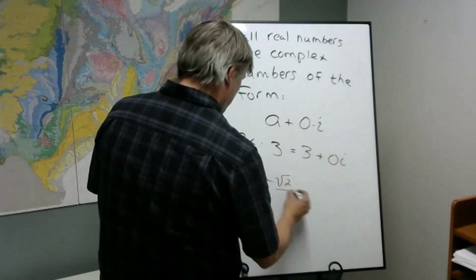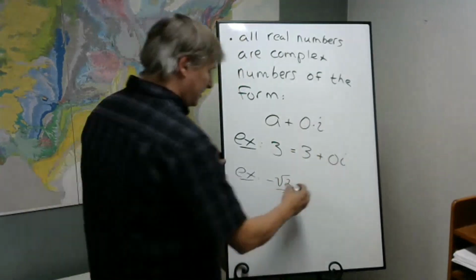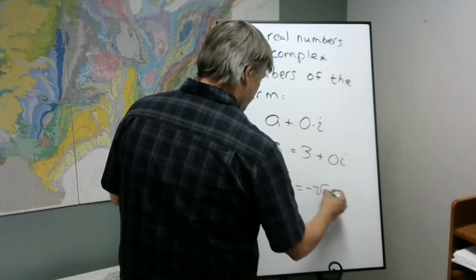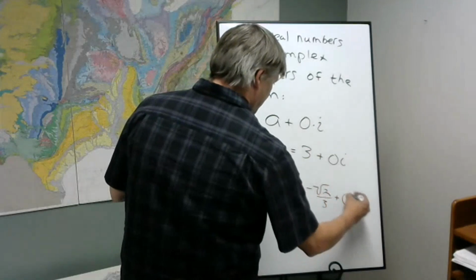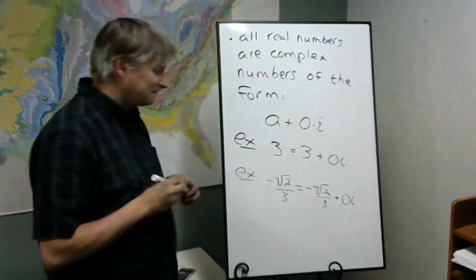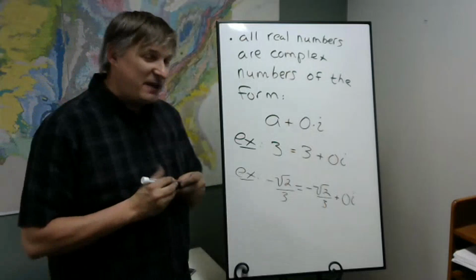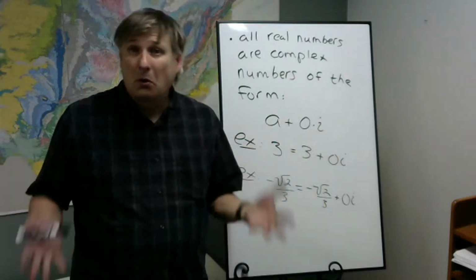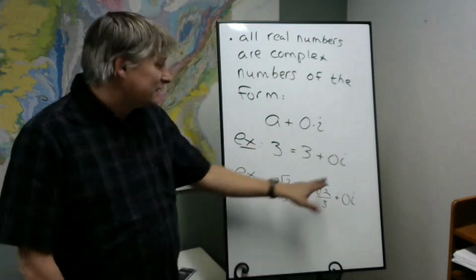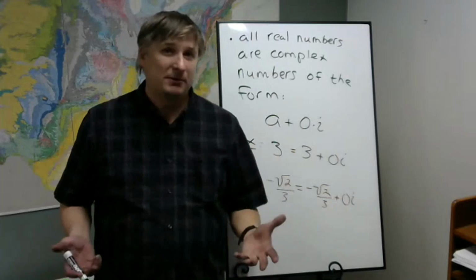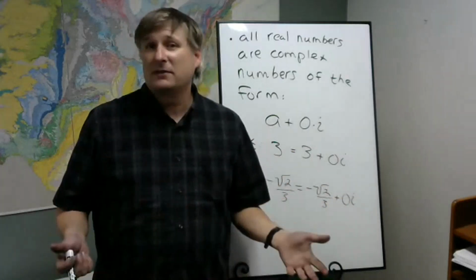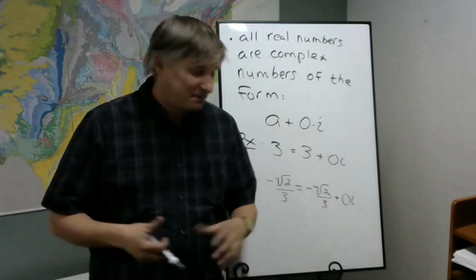Negative square root of 2 over 3 is really the negative square root of 2 over 3 plus 0 I. So we've actually been working with complex numbers the whole time. We just didn't know it. The I had a 0 multiplied to it. But now we're replacing that 0 with something else.